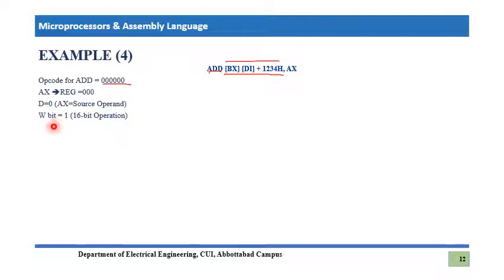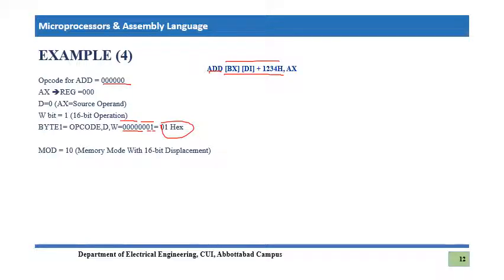Byte 1 will be opcode, then the D bit, and then the size bit. If you arrange them in hexadecimal form, it becomes 01 hex. I hope this is clear.